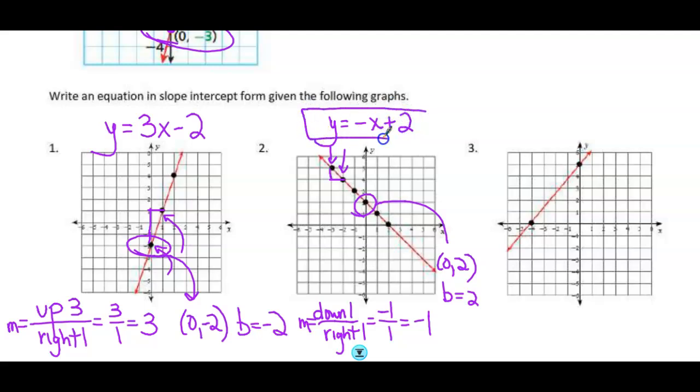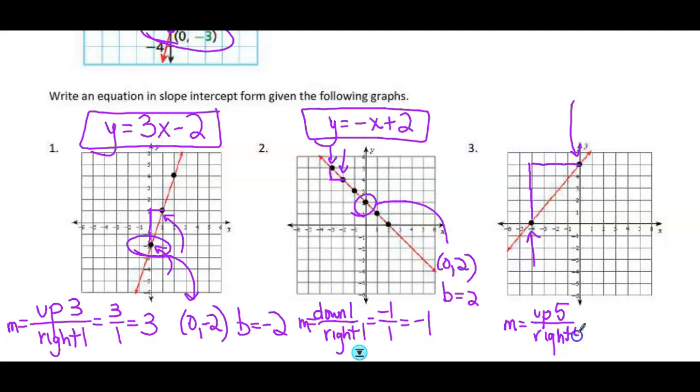If you put a 1 there, that's fine. I usually don't, but it's okay if you do. And the last one on the top row, I'm going to pick this point to this point. This is 1, 2, 3, 4, 5. So that's up 5. 1, 2, 3, 4.